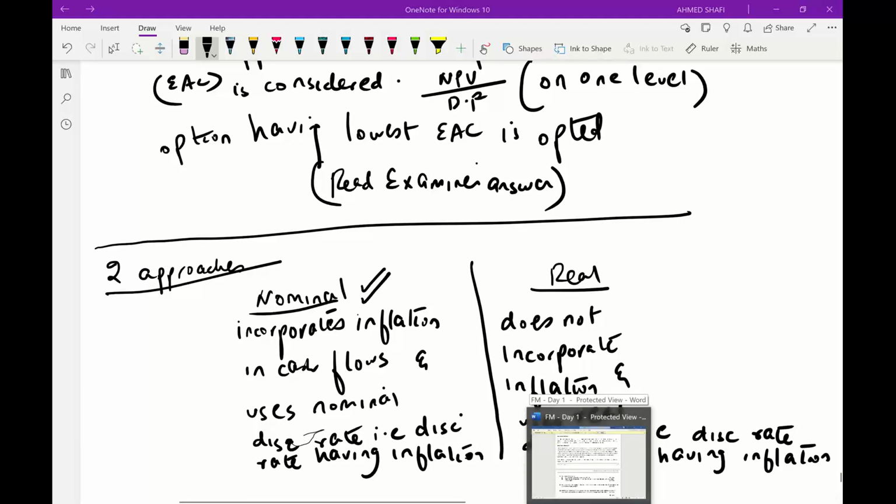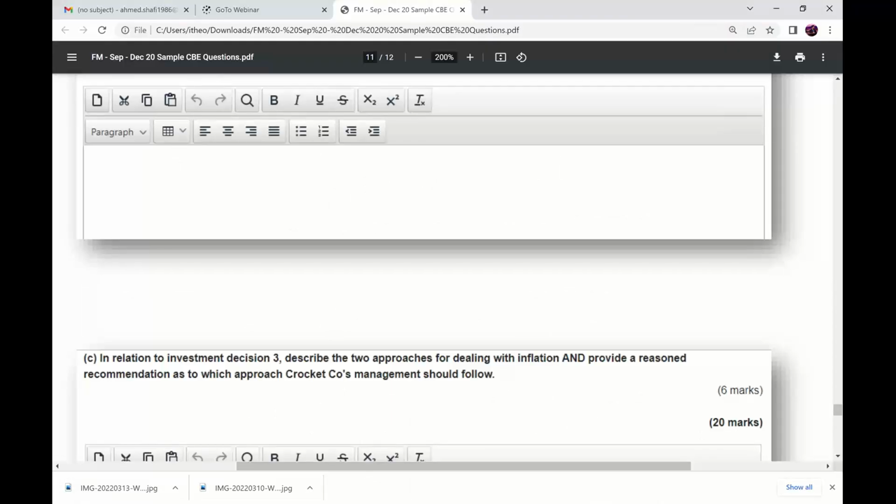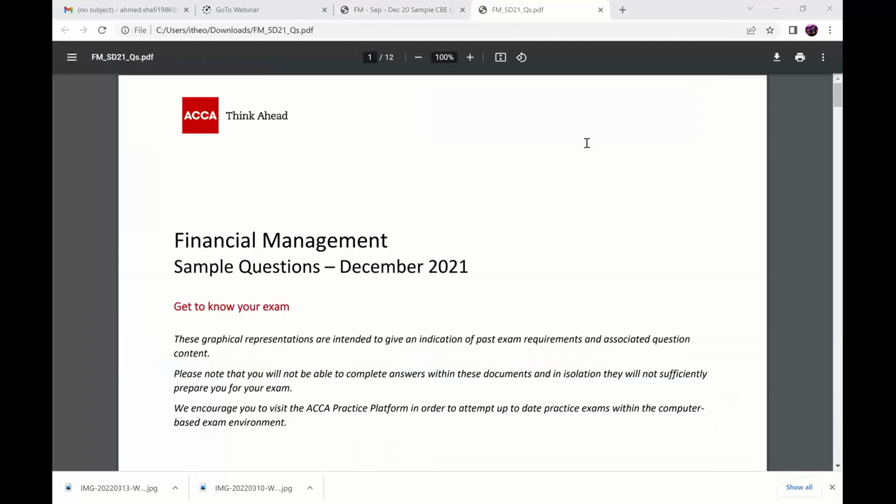Let's move to the next question now. Now the next question we are doing is related to September, December 2021, and this is the latest past paper published by ACCA.